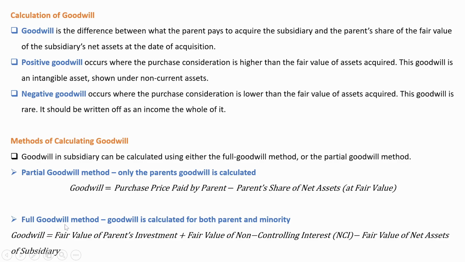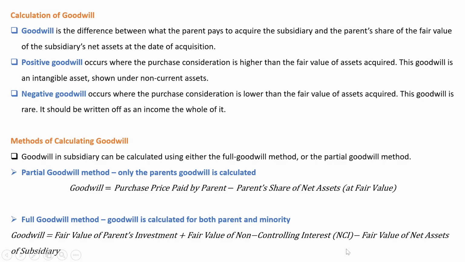We also have the full goodwill method. This one combines the goodwill of parent and the minority or the non-controlling interest. In this case, we take the fair value of parent's investment. That is the price paid by the parent to acquire the subsidiary. And then we add the fair value of non-controlling interest, which will be provided.